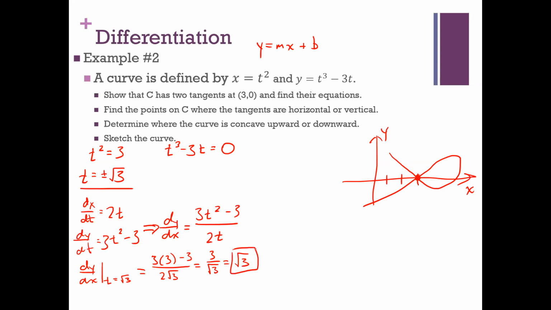So I think that's one of my slopes, it's just radical 3. How about the other one? What other t value do I care about? Negative radical 3. And I believe for that slope the only thing that's going to change is the denominator, right? That should be negative radical 3.